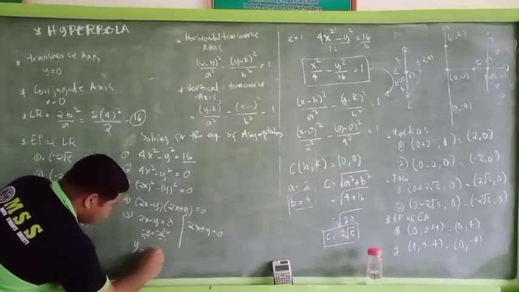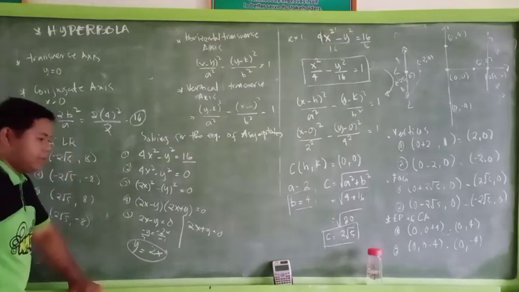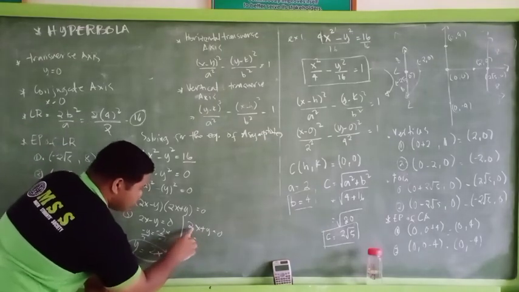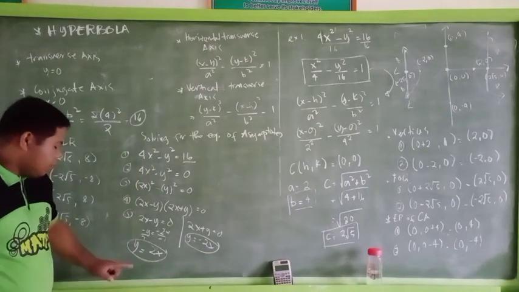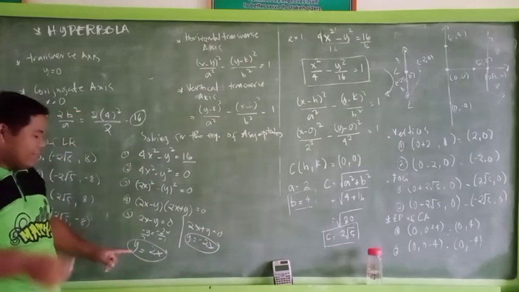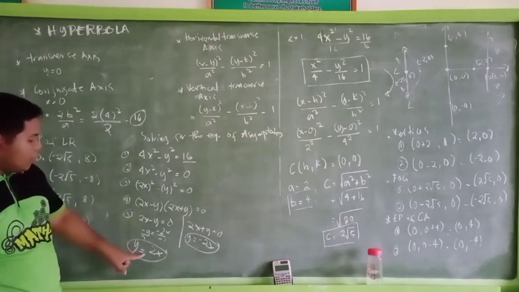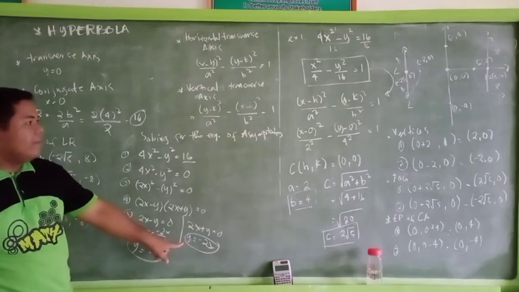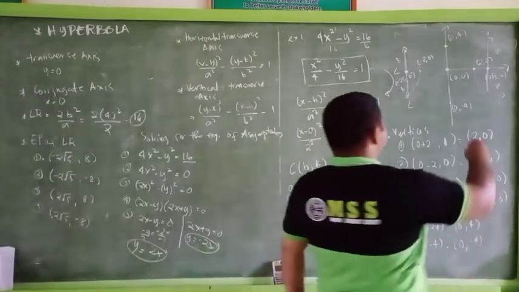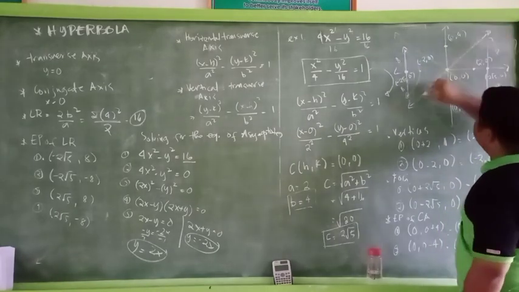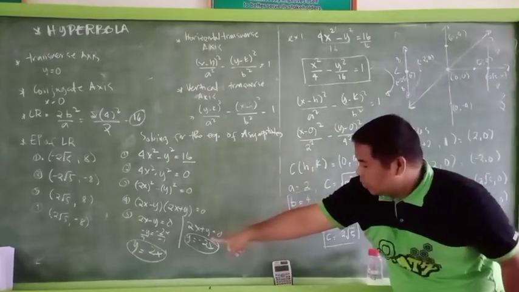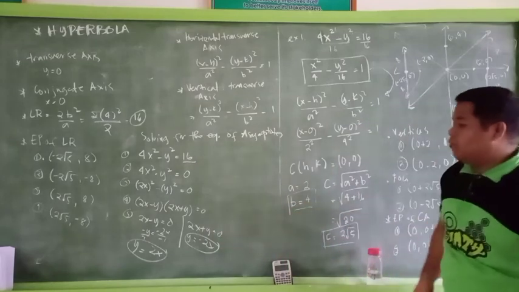Y is equals to 2x. Dito naman, y is equals to, transpose man negative 2x. So, yung equation ng asymptote natin is y is equals to 2x and then y is equals to negative 2x. So, yung equation ng line na to, ayun, y is equals to 2x tapos y is equals to negative 2x.